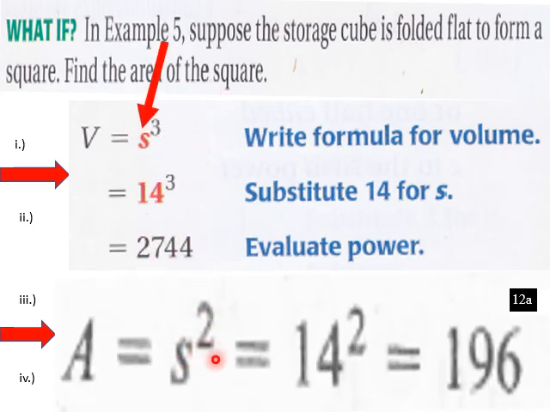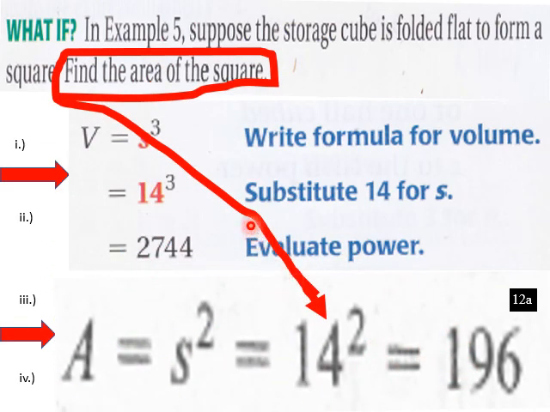Area of a square would be s squared, so it would be 14 squared. That would equal 196. So it would be 196 square inches. So area of a square, 14 squared.